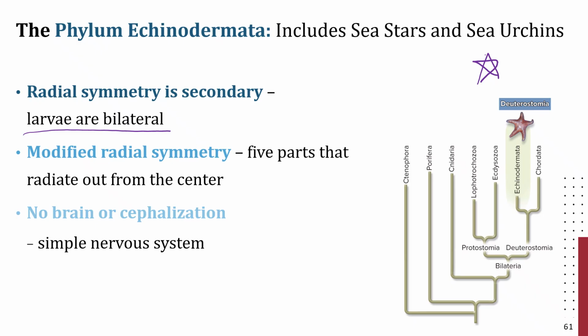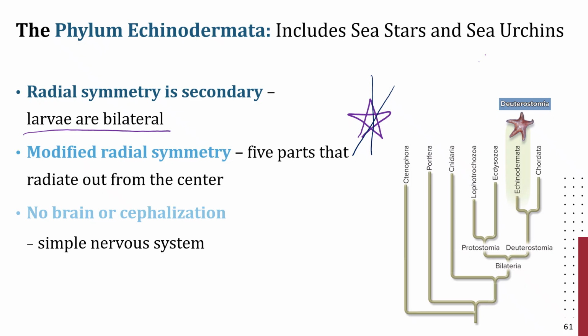5 points is not radial, so if we have a sea star, we cannot cut this on any plane and get the exact same thing. We might be able to get some bilateral symmetry depending on how we cut it, but we don't really have a true radial symmetry because we have the 5 points.